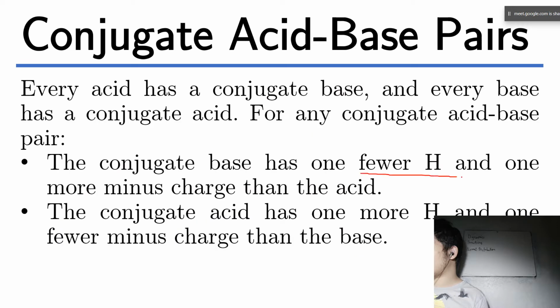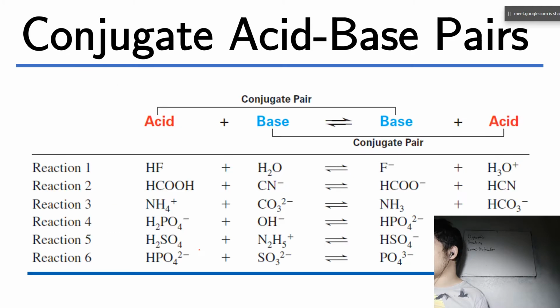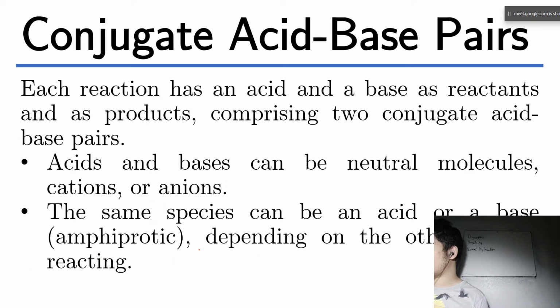Matatandaan natin, conjugate base has one fewer H and one more minus charge than the acid. Then, yung conjugate acid has one more H and one fewer minus charge than the base. Some more examples, no? Papadala ko naman to sa inyo.